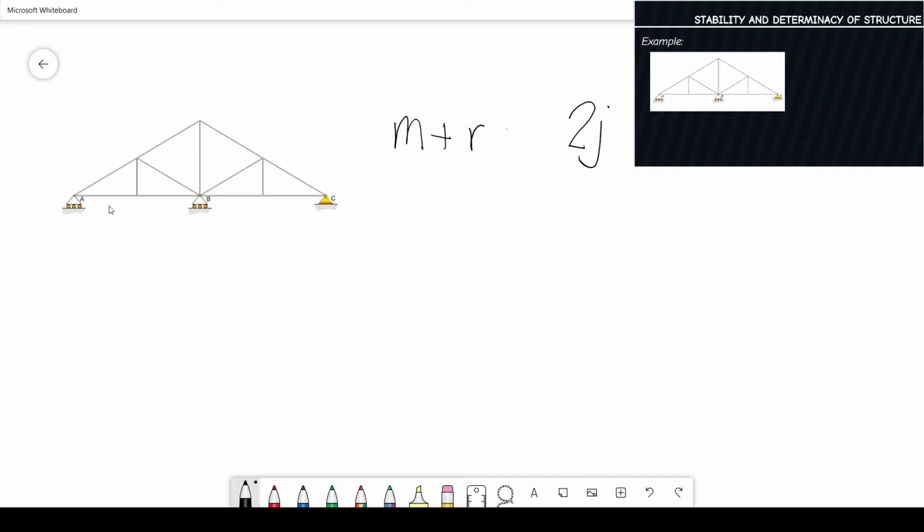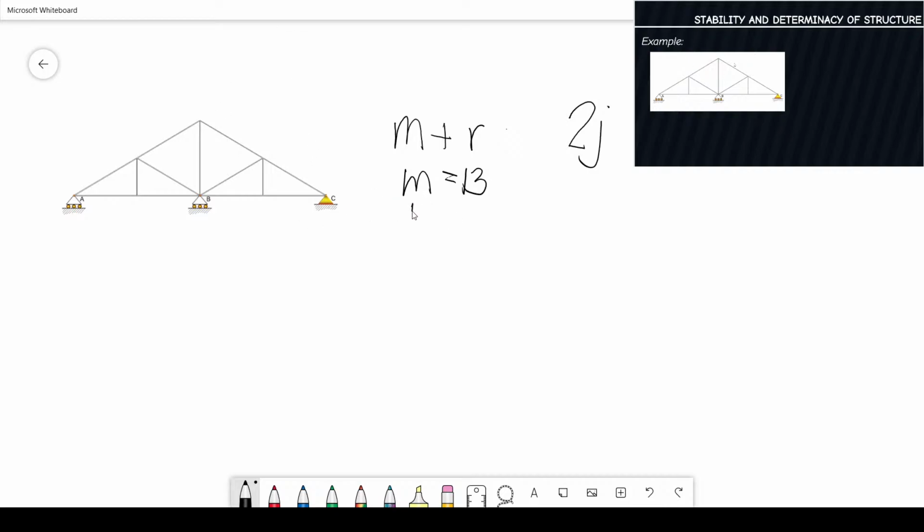We'll just count the number of members of the truss. For this member, this is not continuous kasi may pin siya sa gitna, so that is counted as 2 members, di ba? So that is 1, 2, 3, 4, 5, 6, 7, 8, 9, 10, 11, 12, 13. We have 13.